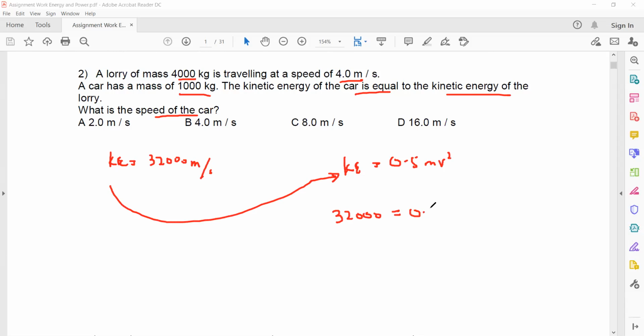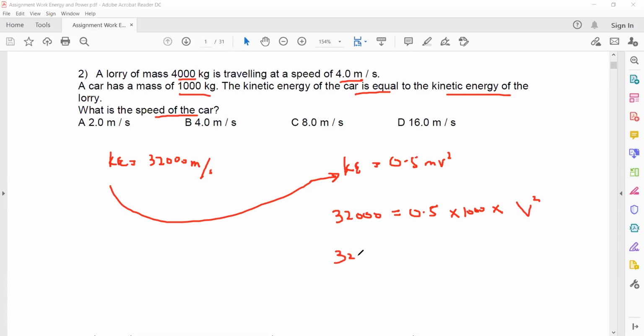equal to 0.5, M is the mass of the car, which is 1,000, and V is the speed at which the car is moving. We don't know, so that's V square. So 0.5 multiplied by 1,000 is equal to 500.